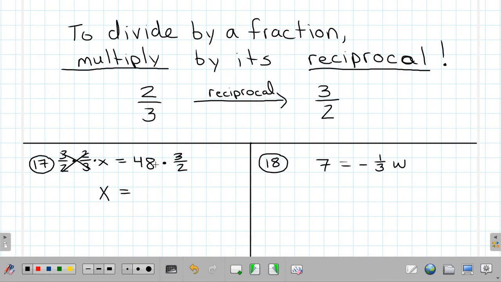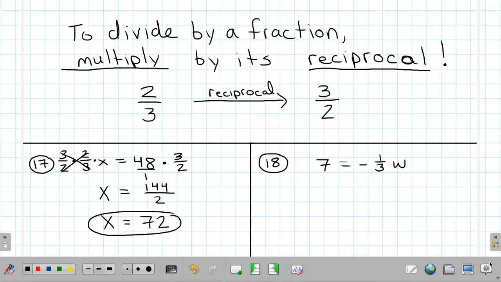Now all we've got to do is 48 times 3/2, which, the old-fashioned way, we would do 48 times 3. That would give you 120 plus 24, so 144, over 1 times 2 is 2, and technically 144 divided by 2 is 72.